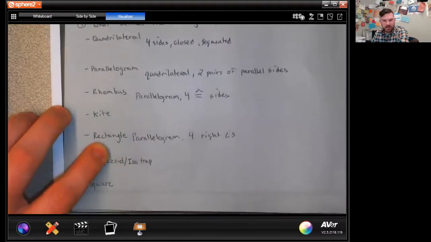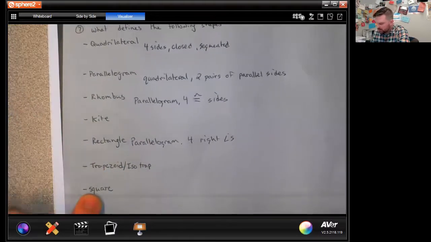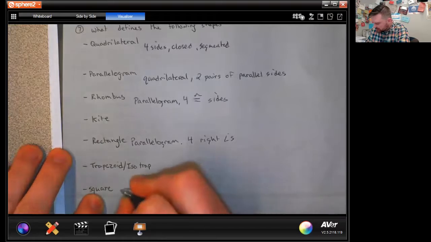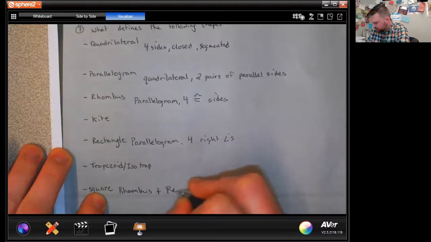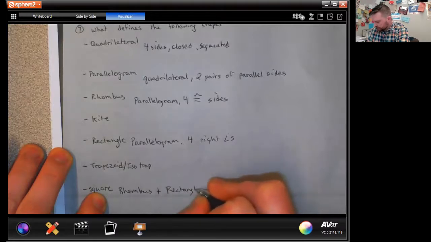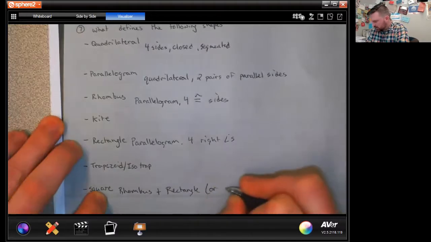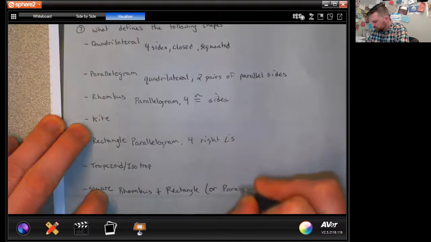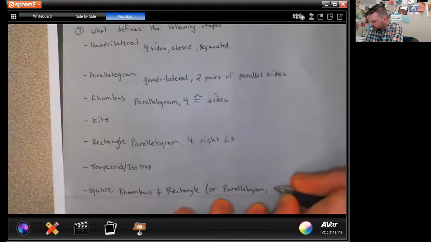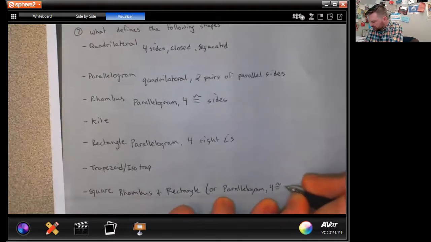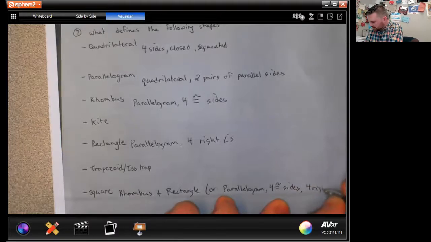Okay, and then next to that is a square. A square is a rhombus and rectangle. Or you could have said parallelogram with 4 congruent sides, 4 right angles.